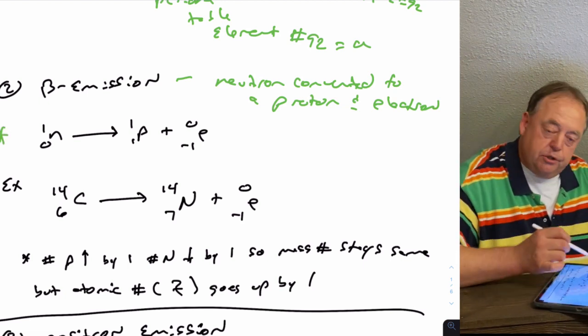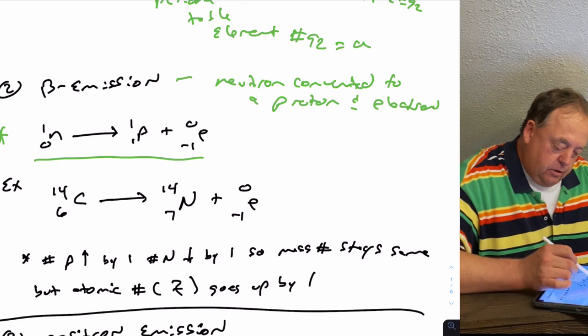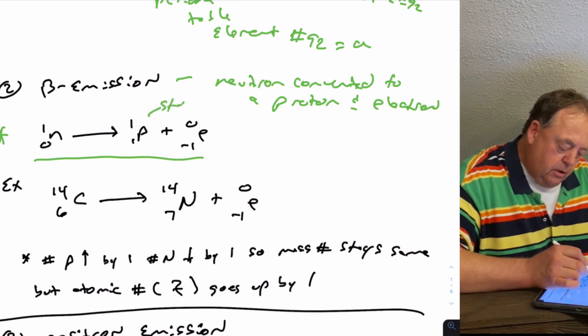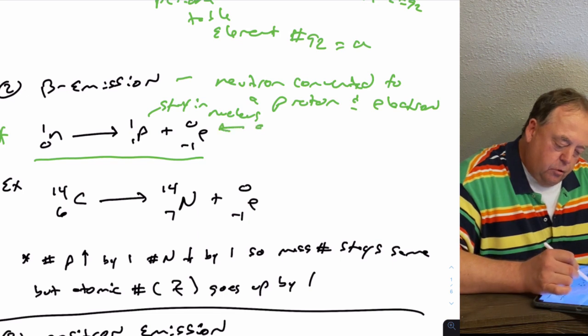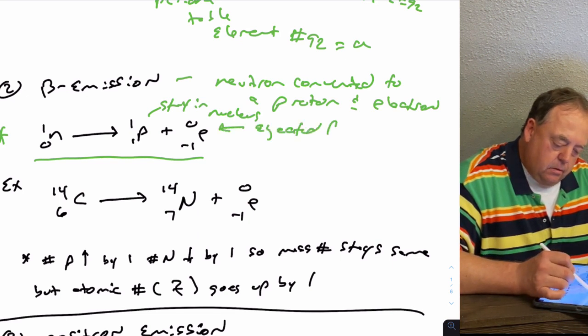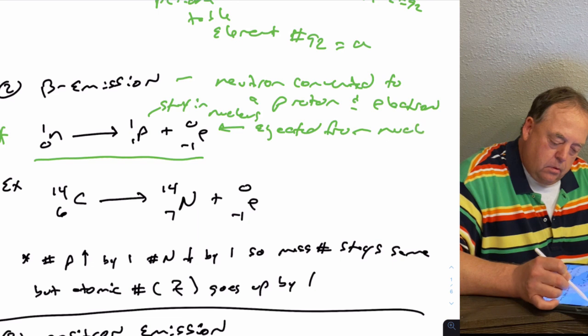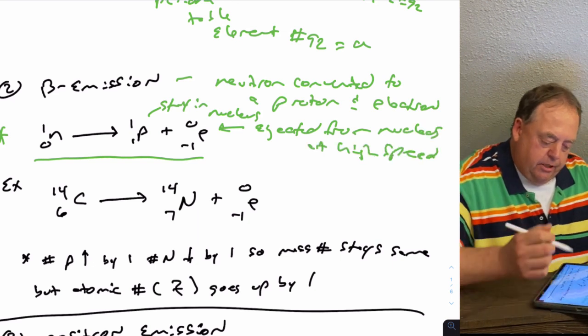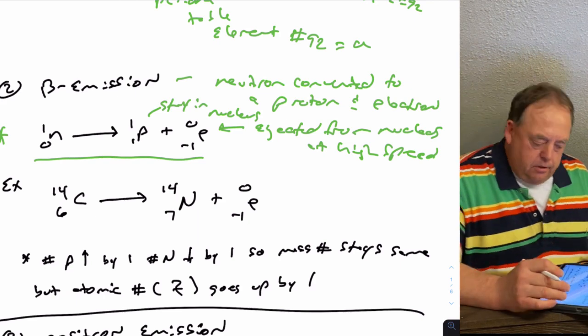That's what this equation shows. And so the proton is going to stay in the nucleus. And the electron, of course, will be ejected from the nucleus at a very high speed.